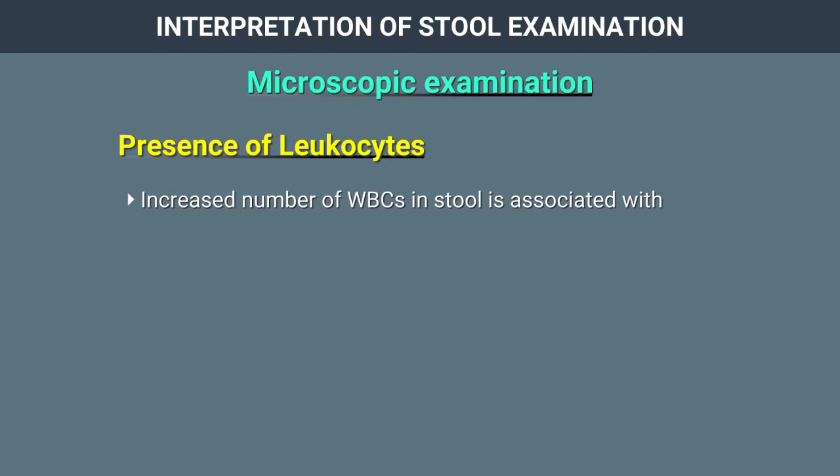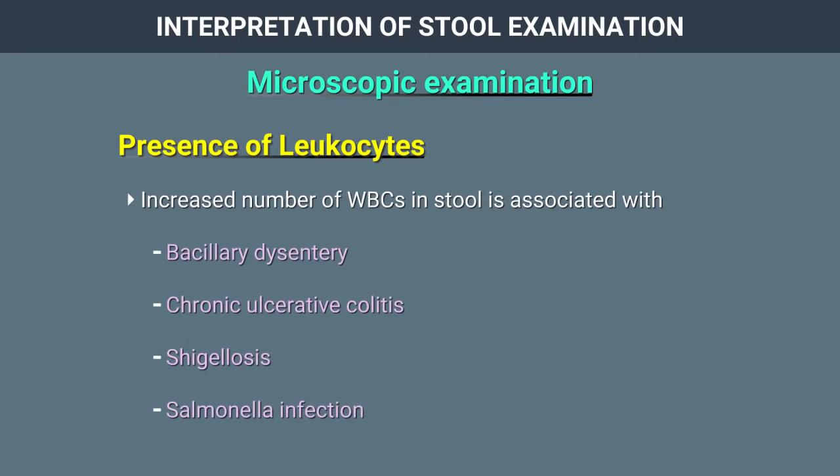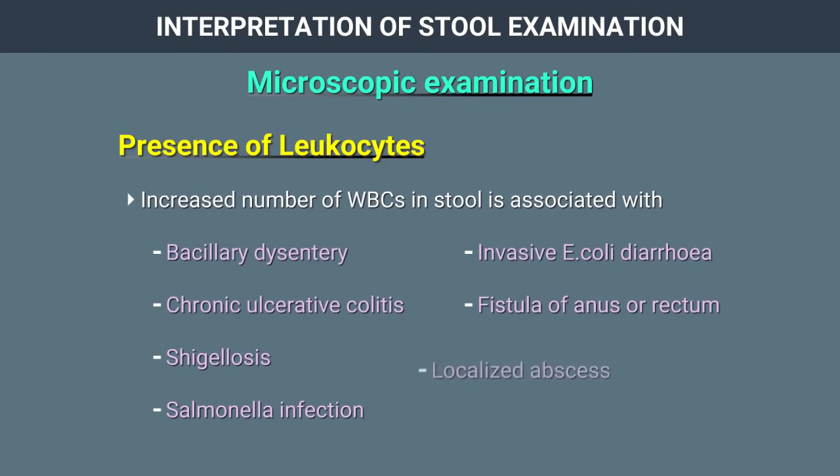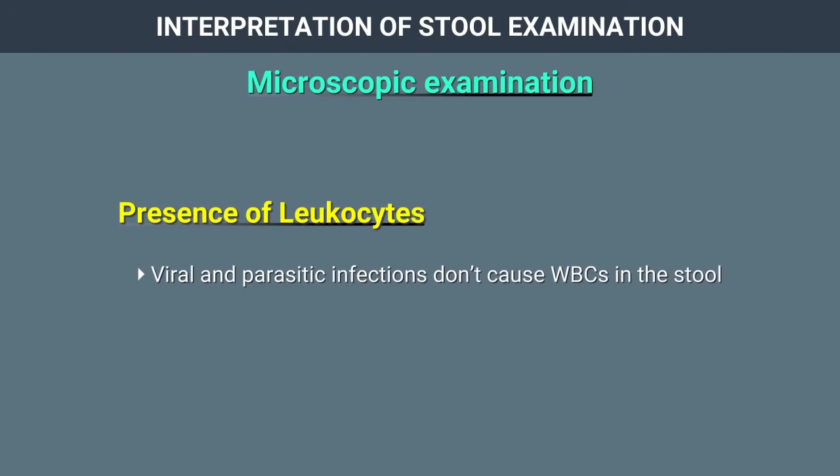Increased number of white blood cells in stool is associated with bacillary dysentery, chronic ulcerative colitis, shigellosis, salmonella infection, E. coli diarrhea, fistula of anus or rectum, localized abscess and sometimes with amoebiasis and typhoid. Viral and parasitic infections don't cause white blood cells in the stool.